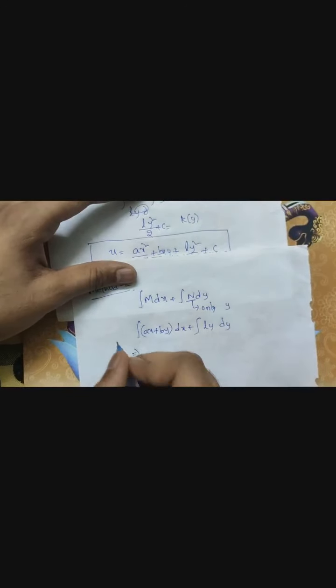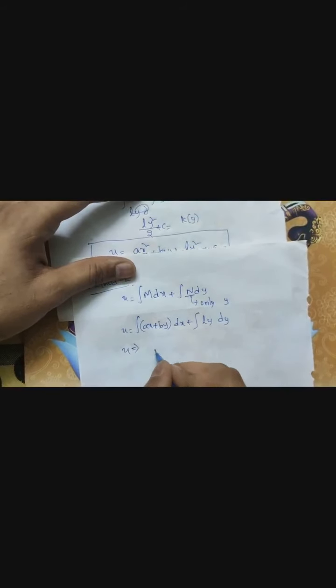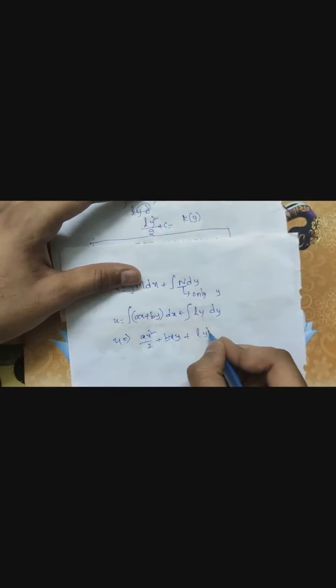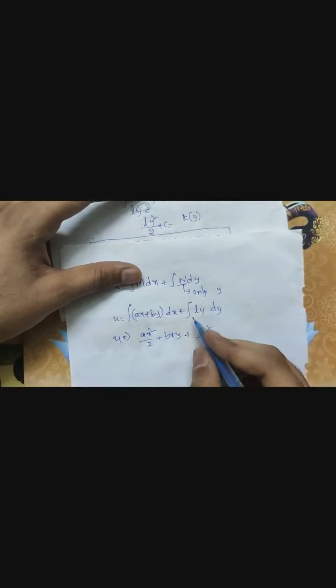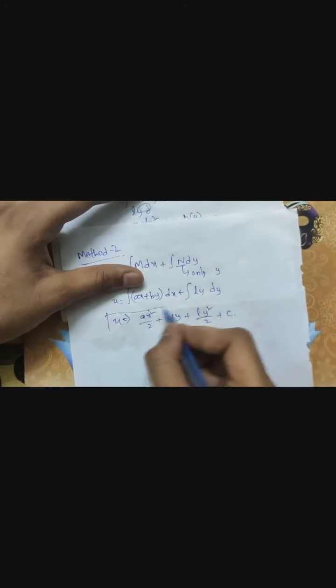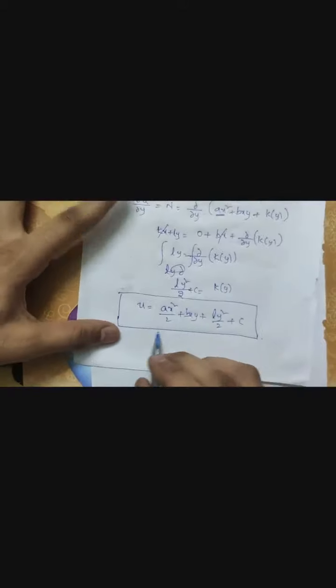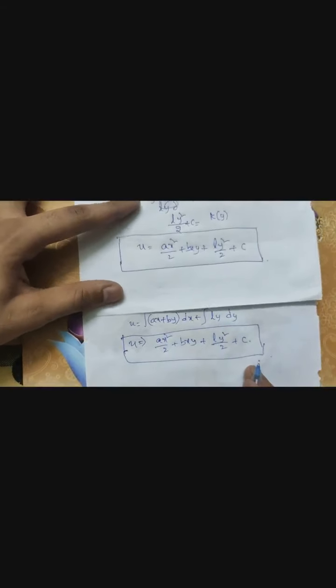That implies u equals ax square by 2 plus bxy plus ly square by 2, since the integration of y dy is y square by 2, plus a constant c. So this is the easy way to find the exact ODE. We got this and this, and both are the same.